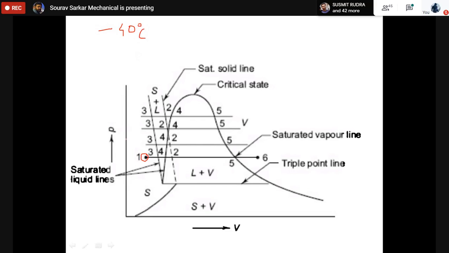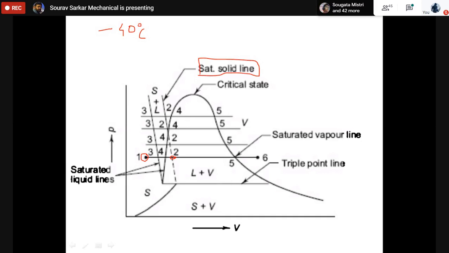If you start to heat this ice, it will reach 0 degrees Celsius. So this is the saturated solid line from where the melting will start.